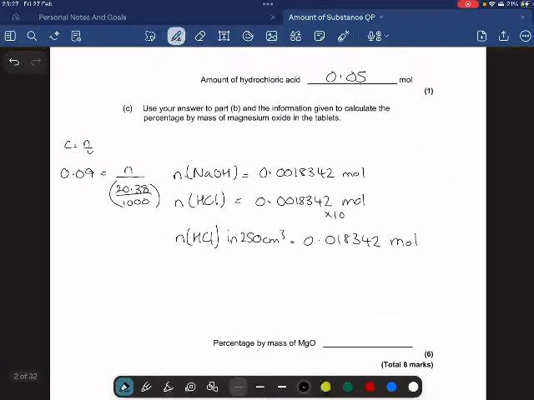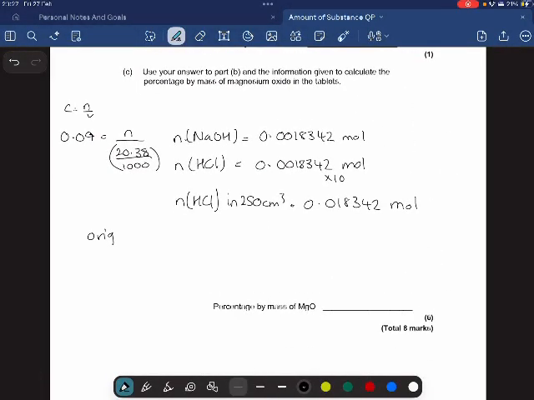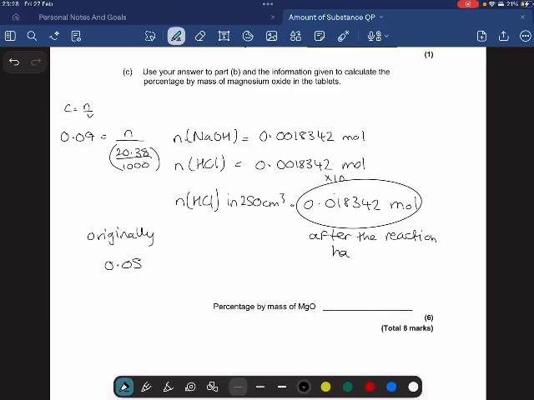So originally we had 0.05 moles, and we actually have this much left after the reaction happened, right? Because this 0.018342 moles of HCl was used in titration, right?